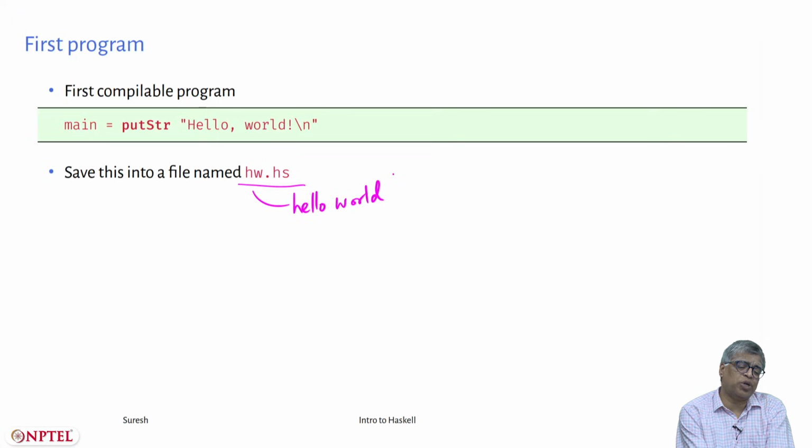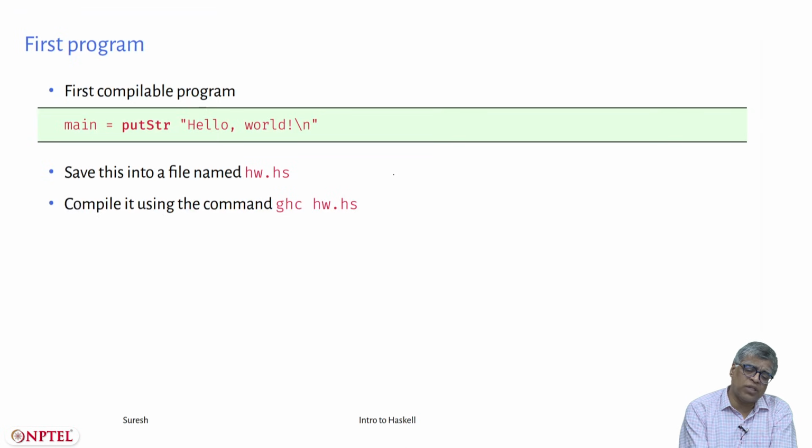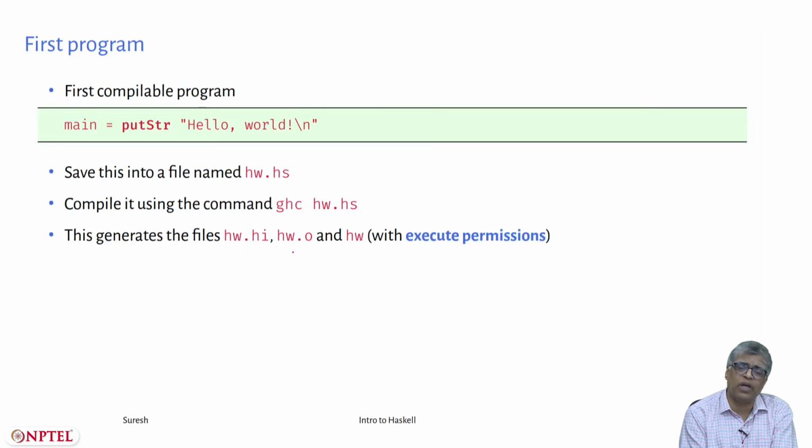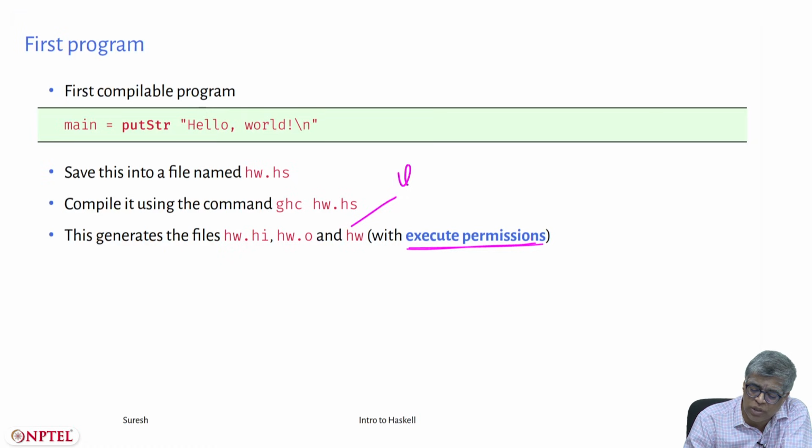The exact procedure is that you save this file into hw.hs and then you use the command ghc and the file name. This will compile it and produce some extra files, hw.hi, hw.o and hw with execute permissions. This is important, which means that this file contains a runnable program.